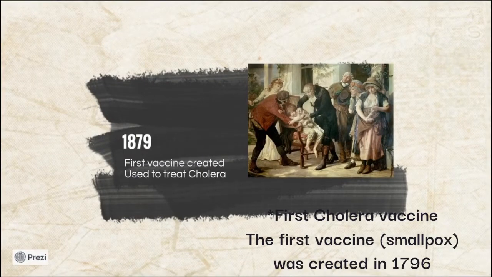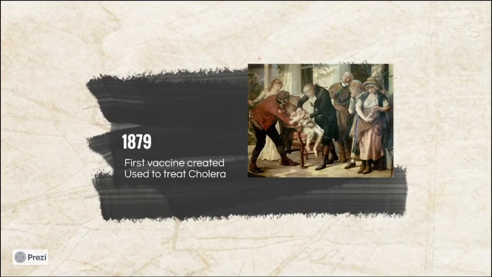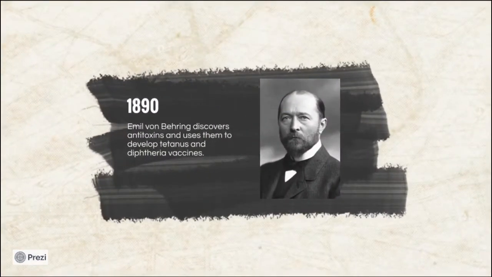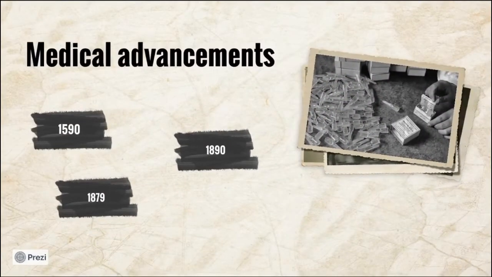It was used to treat cholera. In 1890, Emil von Behring discovers antitoxins, and he uses them to develop tetanus and diphtheria vaccines. Few medical advancements are seen here, as well as not many vaccines either. The world is not prepared for the Spanish flu.